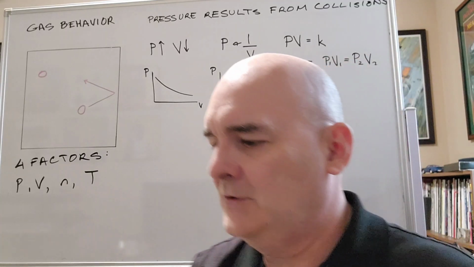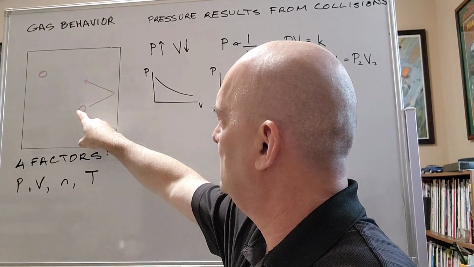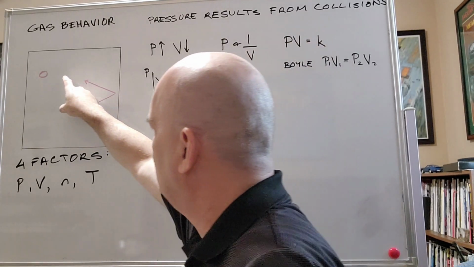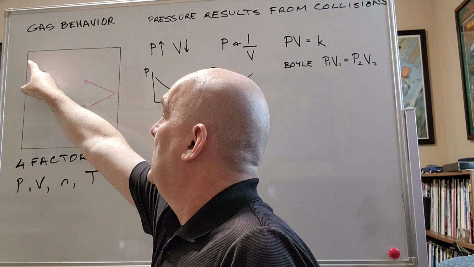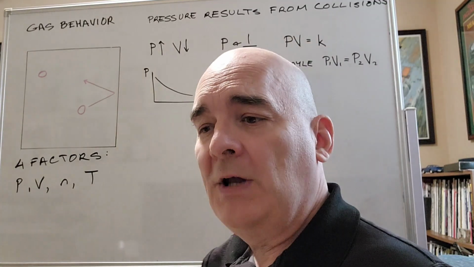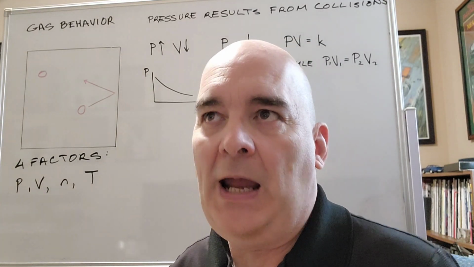So let's look at this collision. This particle is moving, it has a collision, it moves on, it traverses across what we call free space, and then hits again, and then would bounce and bounce.